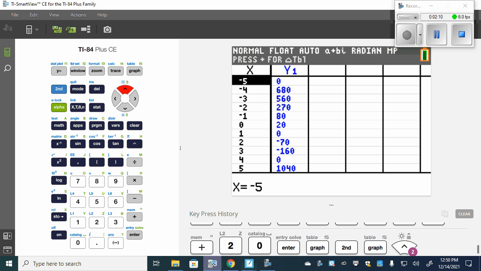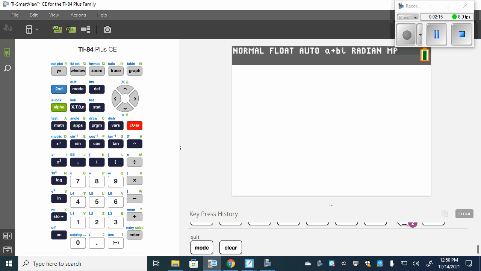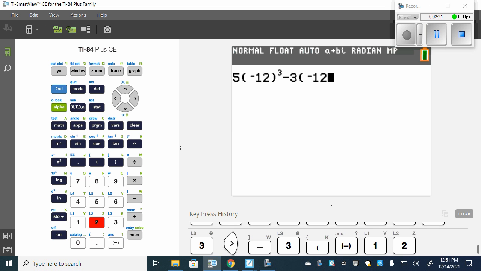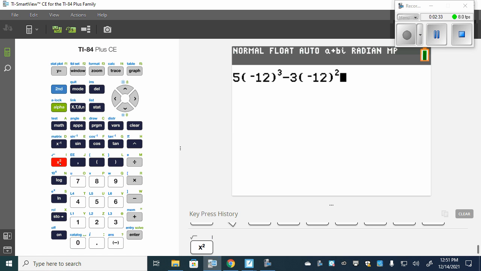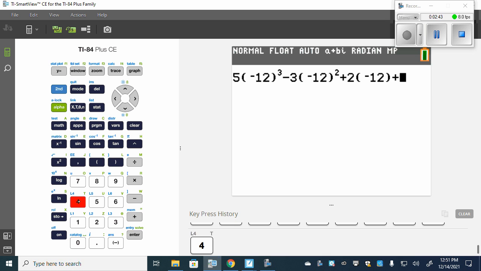So if we do this in the calculator, we can type it in replacing every x with negative 12 in parentheses. So we can say 5 parentheses, negative 12, close parentheses, to the third, minus 3 parentheses, negative 12 squared, plus 2 times negative 12 plus 4.